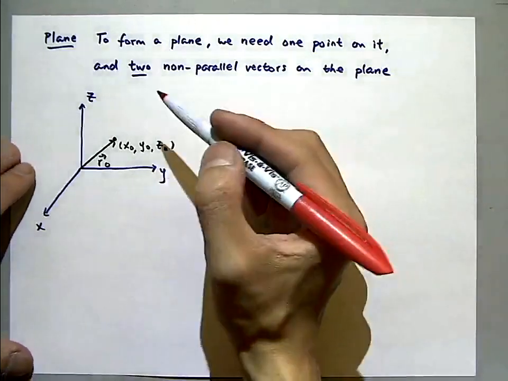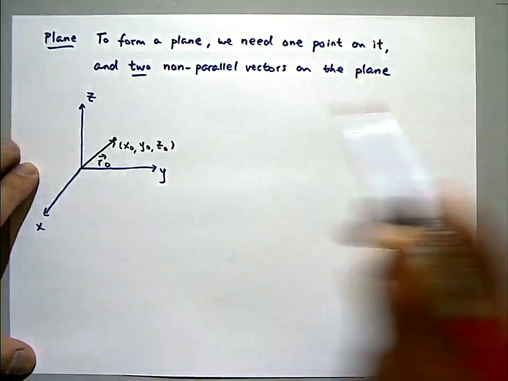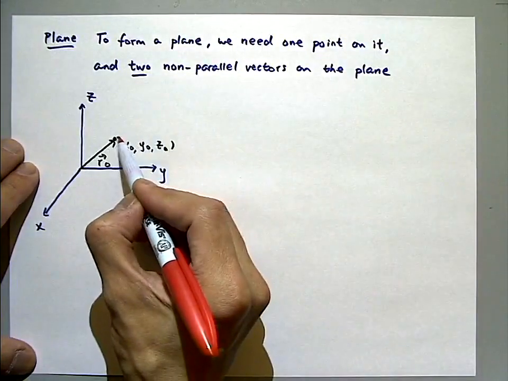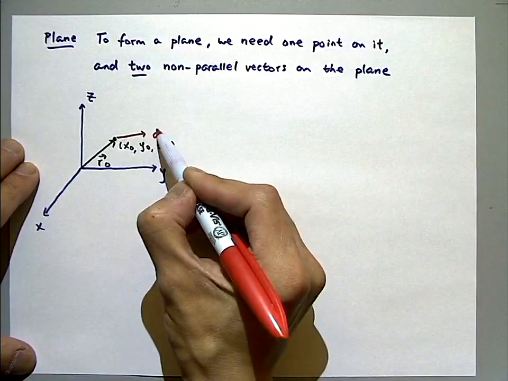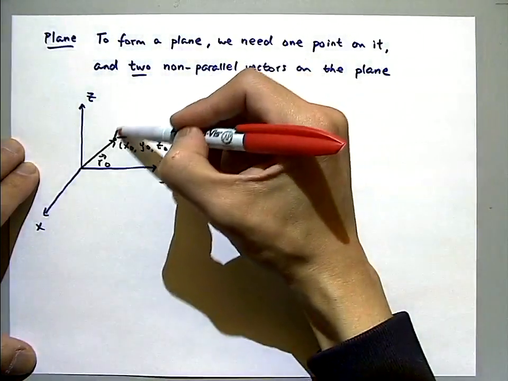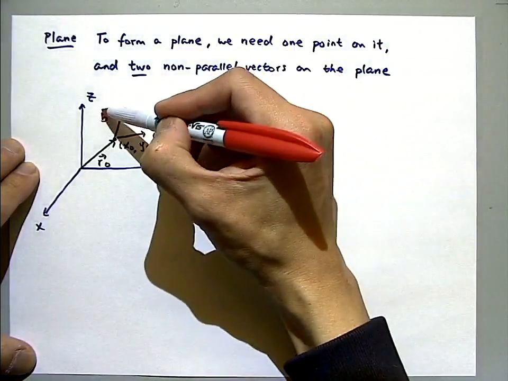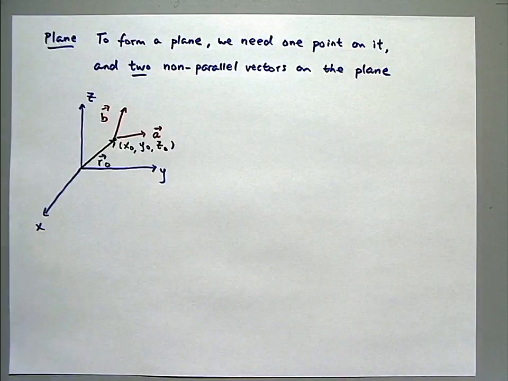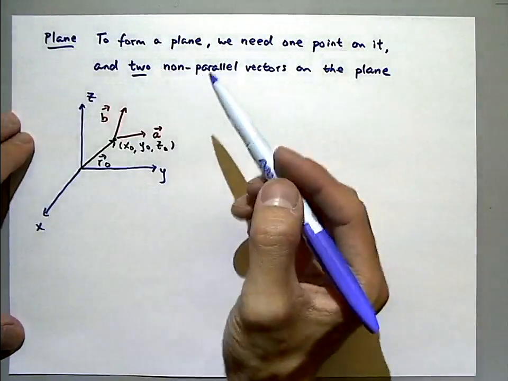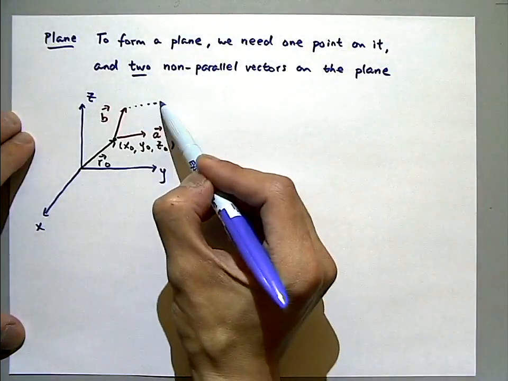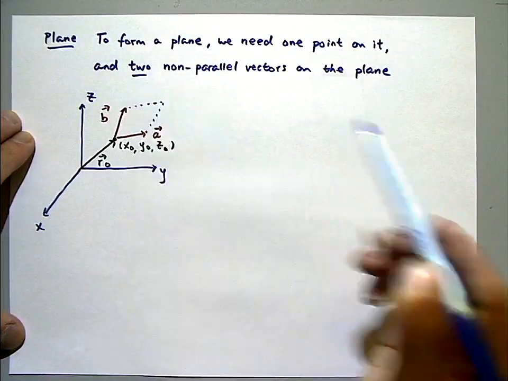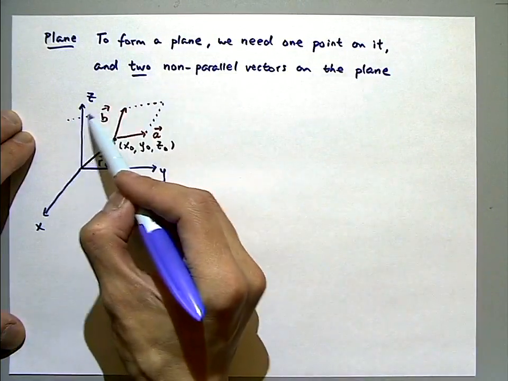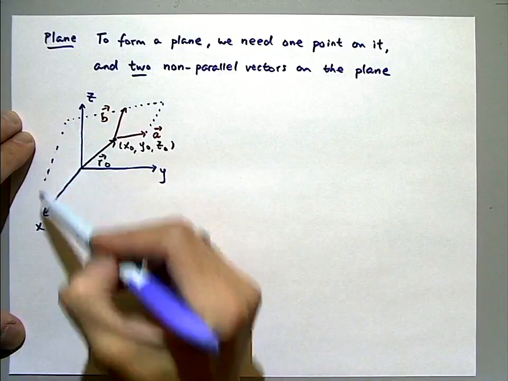I'll draw them this way. Let's see. Let's call this vector A, and we'll call this vector B. Then you can imagine this plane is formed by the vectors, kind of like that.